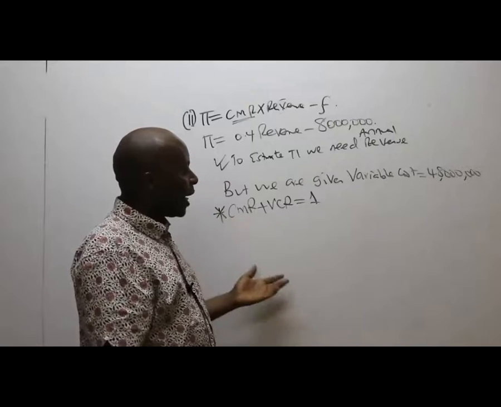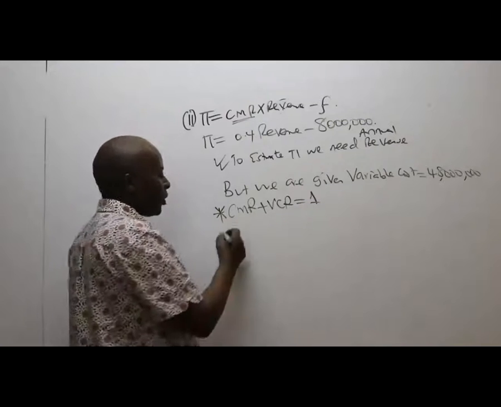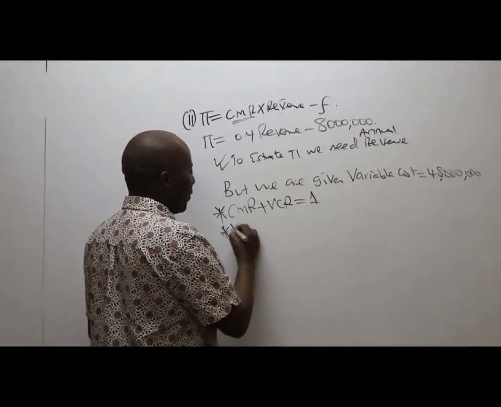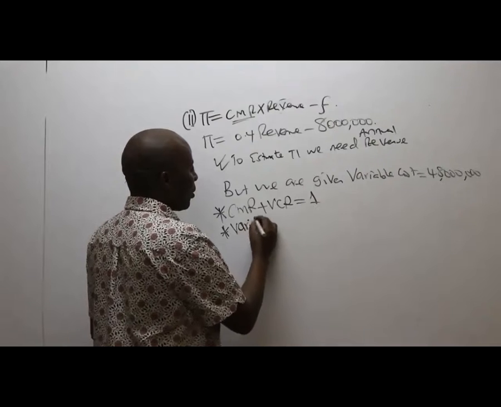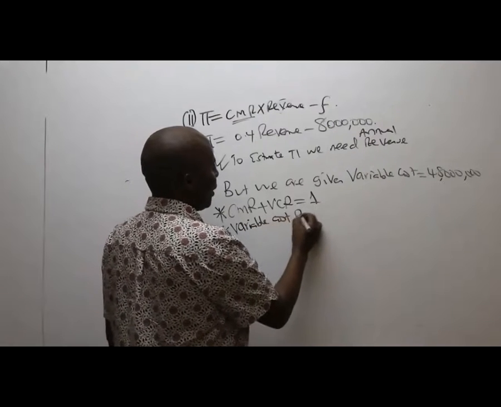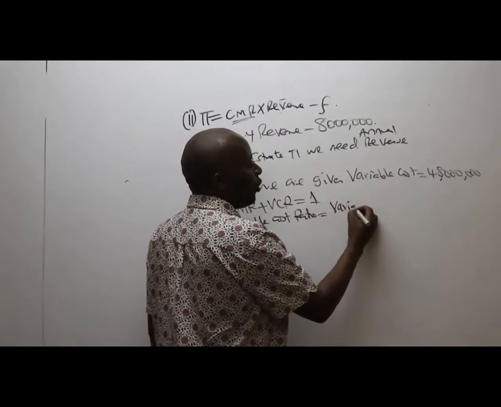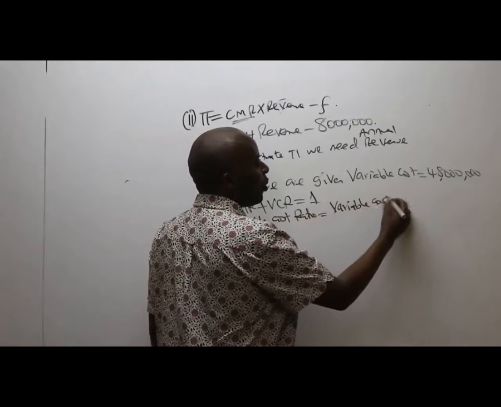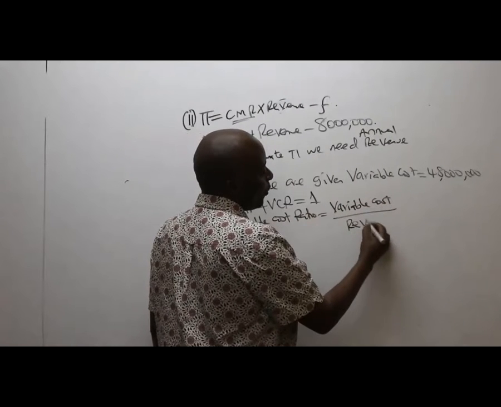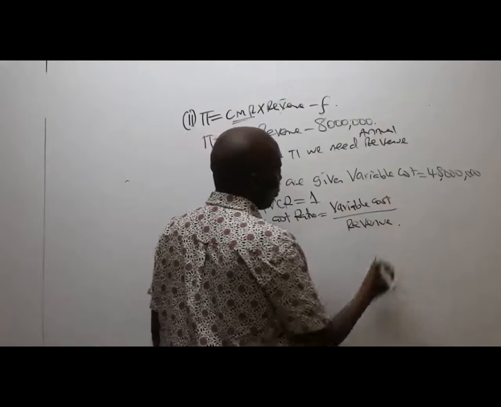How about VCR? VCR is variable cost ratio. And for us to get this variable cost ratio, we normally take variable cost over revenue.